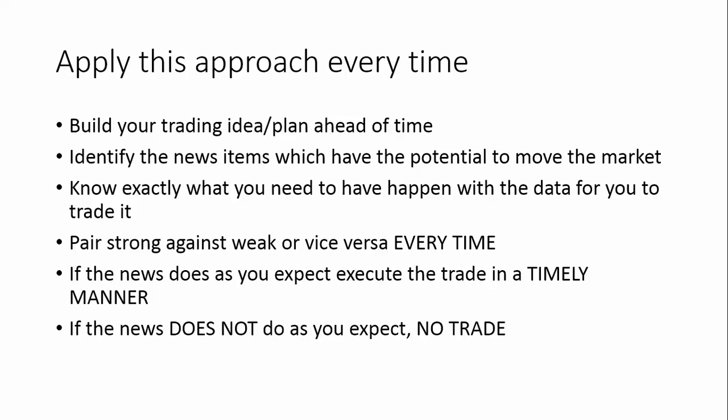And when you get that, you can pair strong against weak or vice versa and do that every single time. If the news does as you expect, i.e. it comes in better as you wanted, you can execute the trade in a timely manner, using your resources to give you the most efficient, effective entry into the market. Now, if the news does not do as you expect, you simply walk away from that potential opportunity and you look for another one.